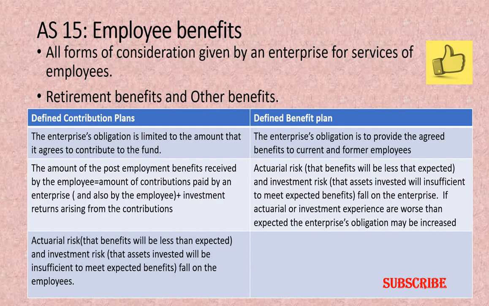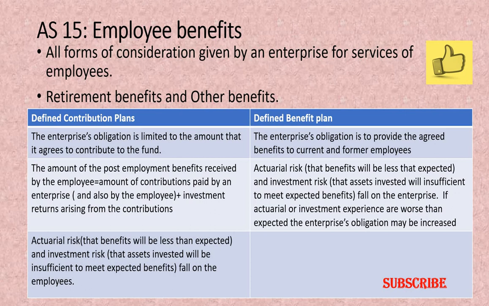Now let us understand what is a defined contribution plan and a defined benefit plan. In case of the defined contribution plan, the enterprise's, that is the society's, obligation is limited to the amount that it agrees to contribute to the fund. Suppose, for example, when an employee is appointed, only 12% of the salary will be contributed to the employee provident fund, so only 12% will be contributed.